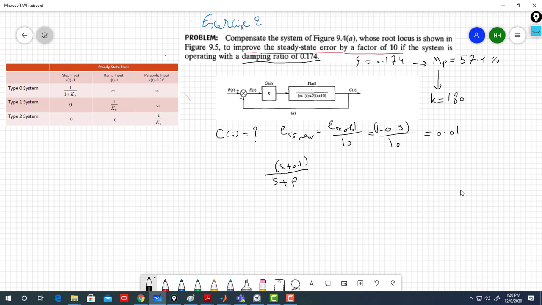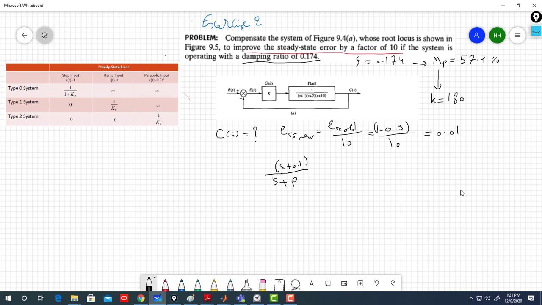If it's not a pure integrator, 1 over S plus P has the advantage of being easier to implement. Also in analog, if you want to design a PID in an analog way, a pure integrator is also hard to make. It's also an active circuit.